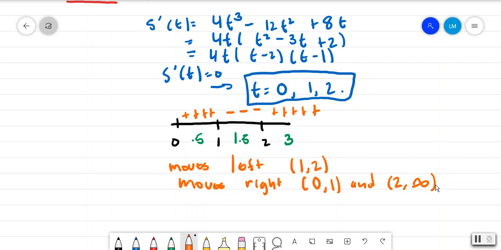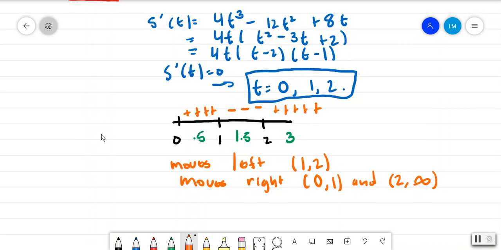Now, if I wanted to know where the function might be slowing down, it would probably be slowing down somewhere close to 1, and then speeding up somewhere away from 1, and then slowing down near 2, and then it will probably be faster away from 2, but then it'll start to slow down eventually.